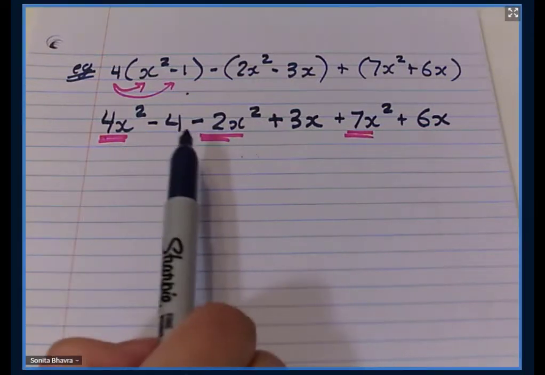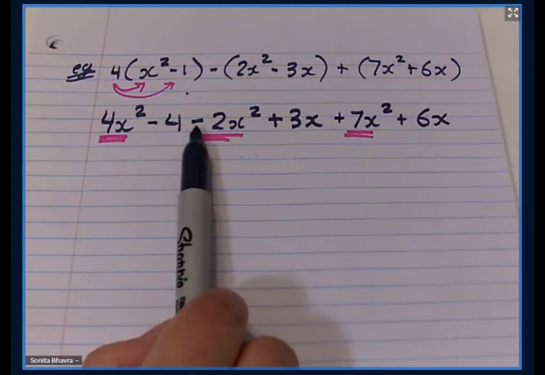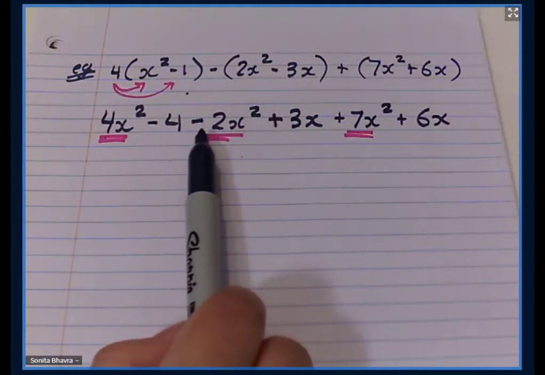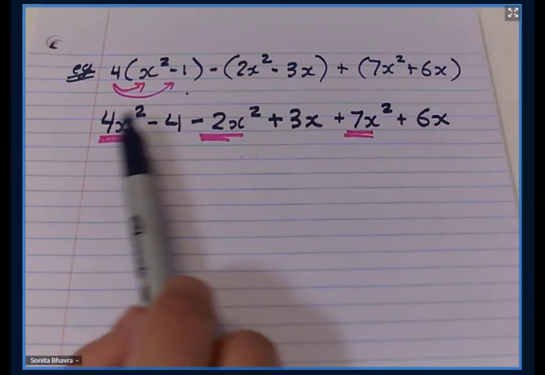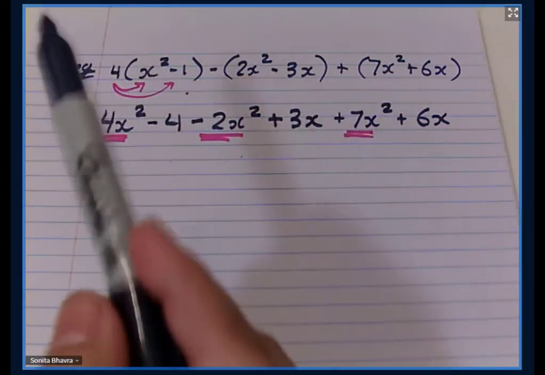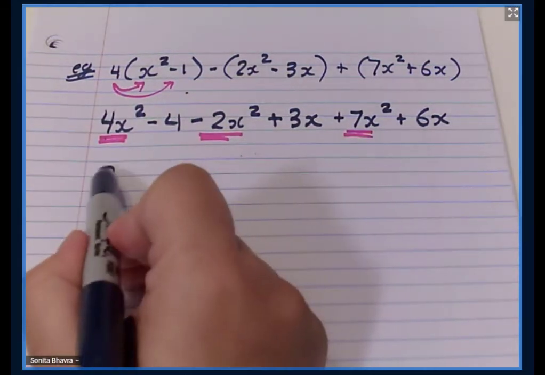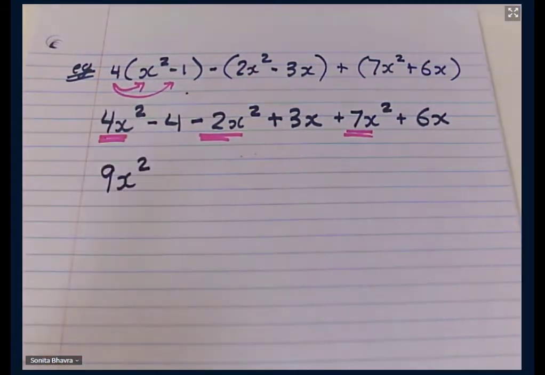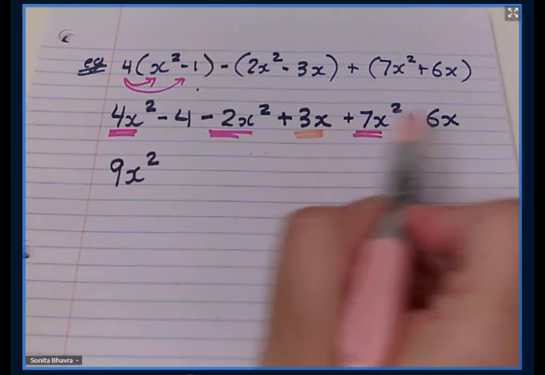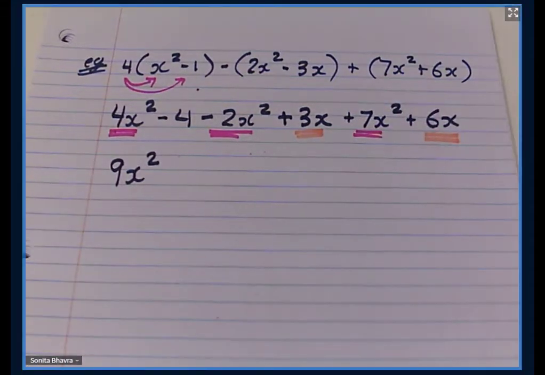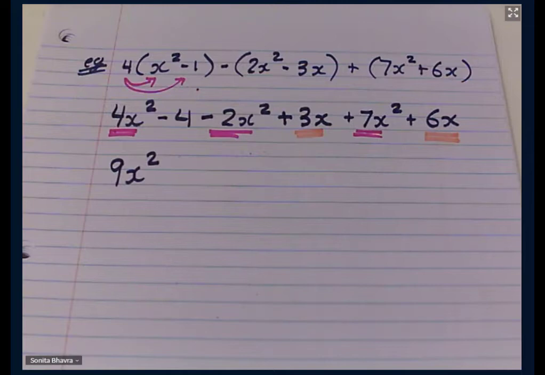Remember to always apply the sign that's in front of that term. So it's a minus 2, this is a positive 4, and this is a positive 7. So that gives me 9x squared. Next we have the 3x and the 6x, which can be combined together to give me 9x.